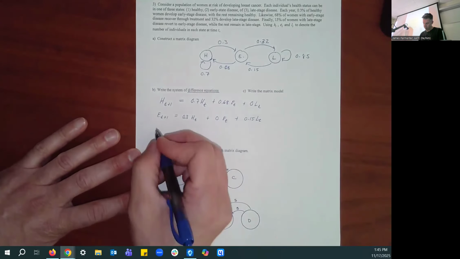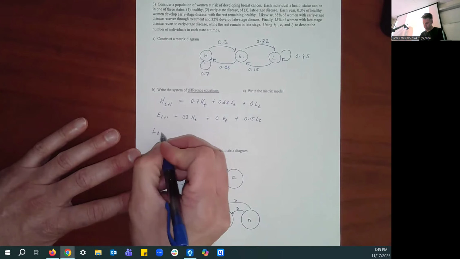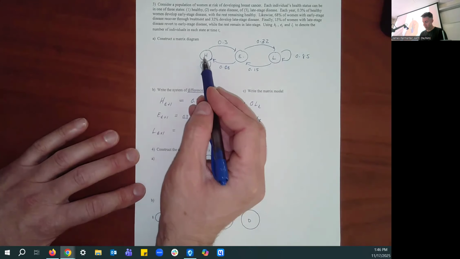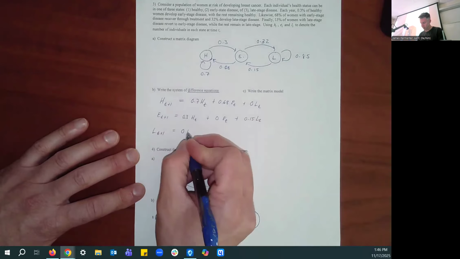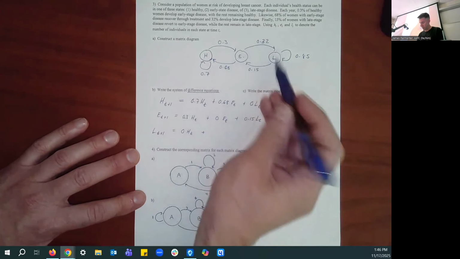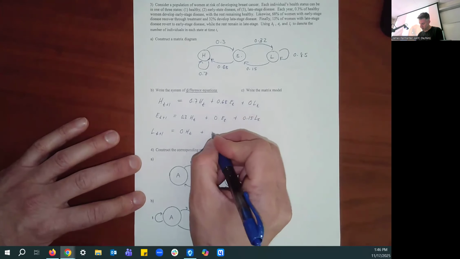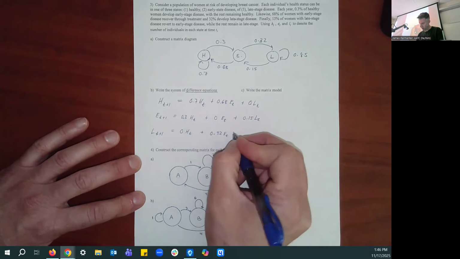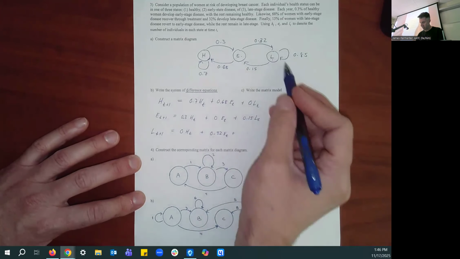And then lastly, we have our late stagers next year. None of the healthy people go straight from healthy to late stage. So it's 0 times the healthies plus 32% of the earlies become late stage, 0.32 times early. And thirdly, 85% of the late stagers stay late stagers.